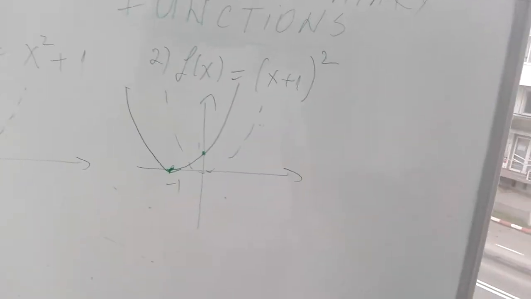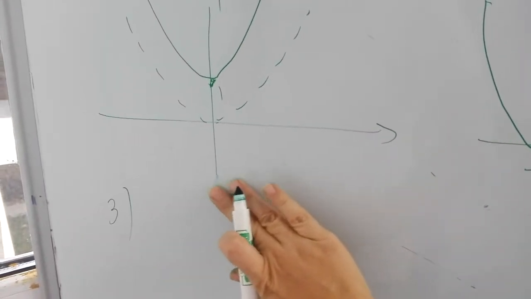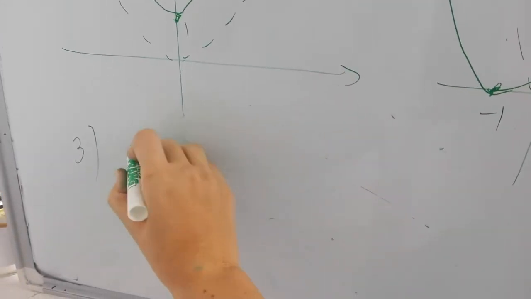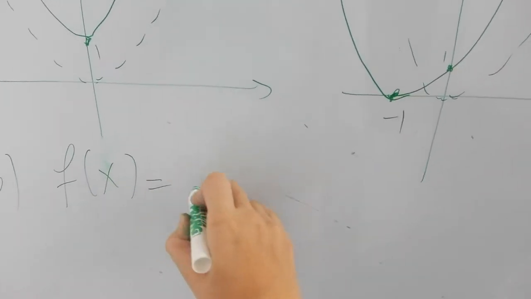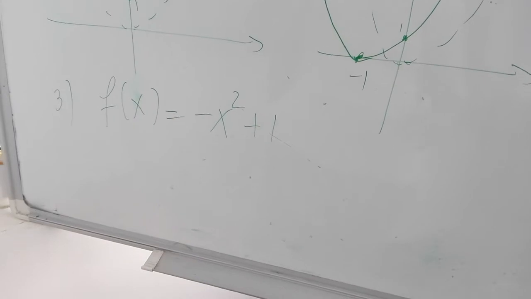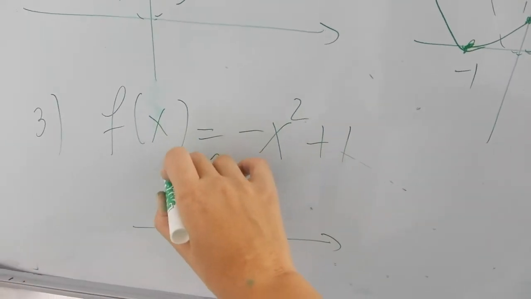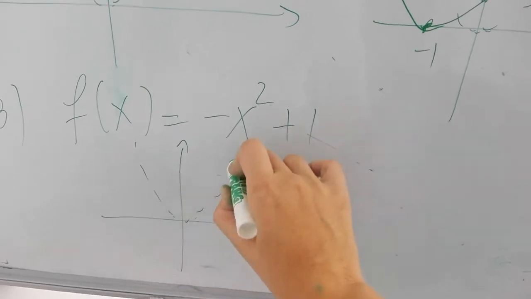Okay, and I also want to show you, for my number 3 example, what you would do if a negative shows up. So if I have f of x equals negative x squared plus 1, how would you graph this one? Now, the graph of the x squared function, the original one, also looks like this. You already know it.